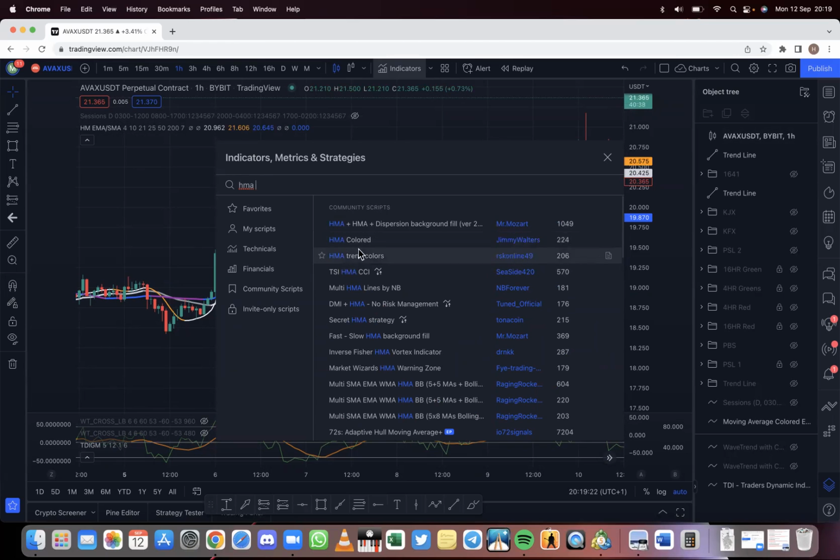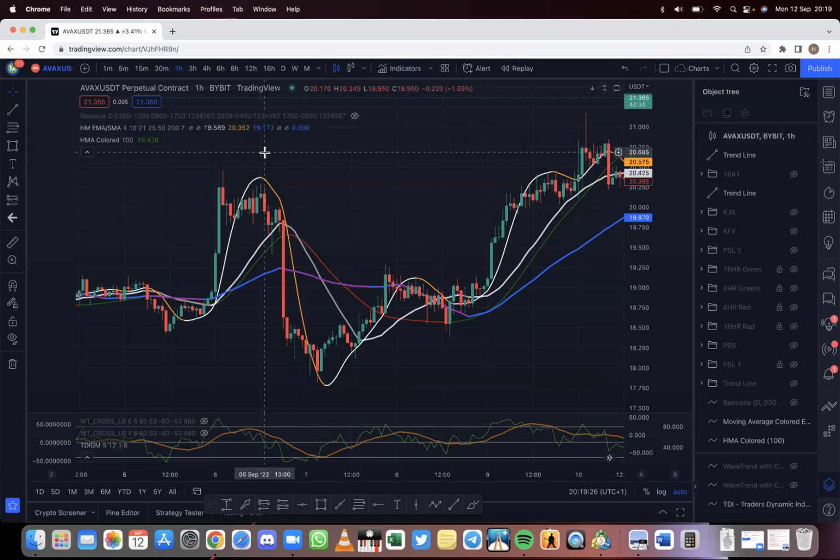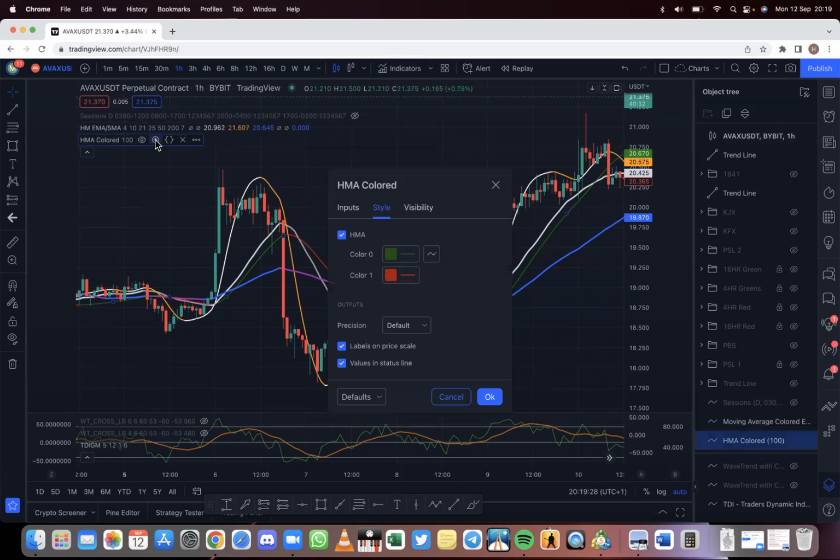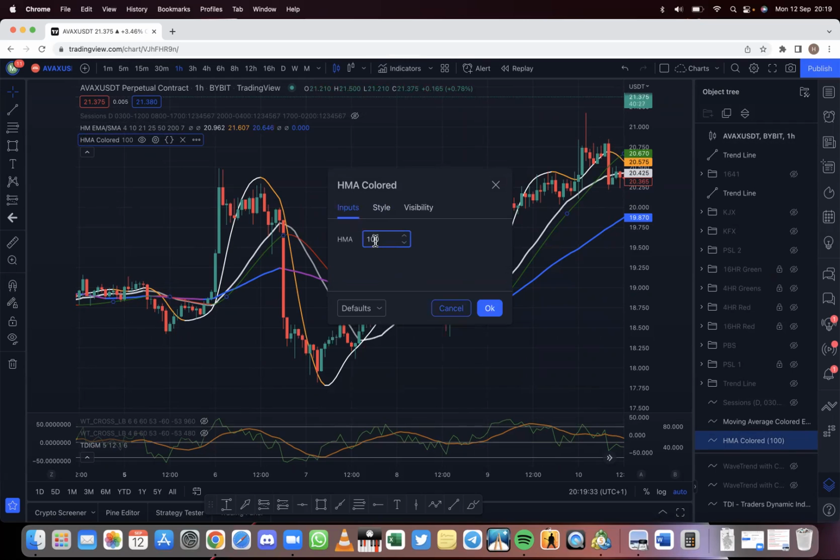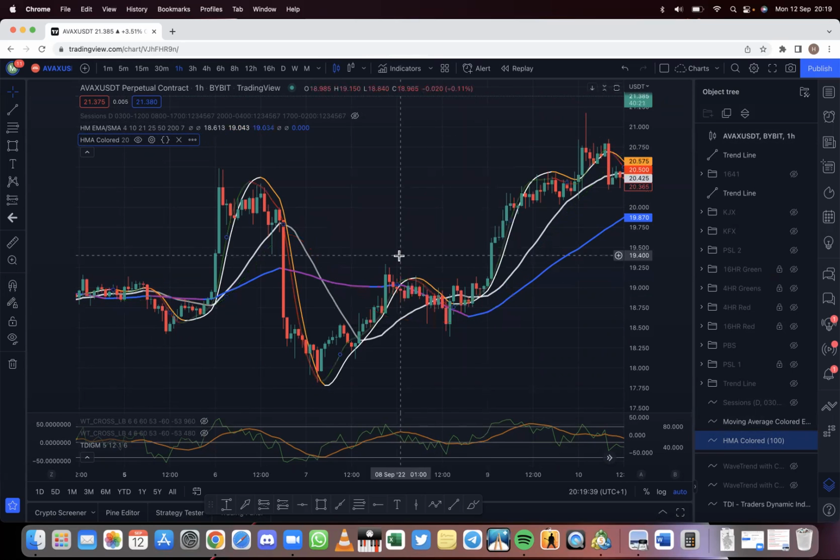Pick any HMA, and set the input to 20. Yeah, so you've got almost exactly the same thing. Then you can set an alert so that when the HMA crosses the 20, it calls you. With that, it helps you go into the trade up and down.